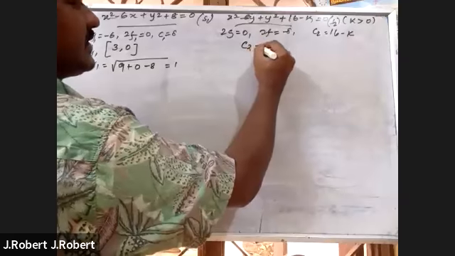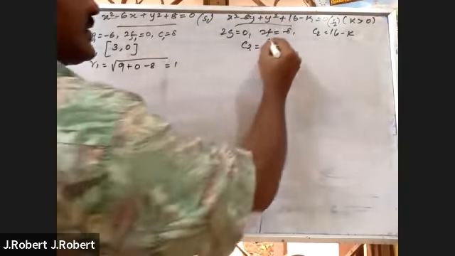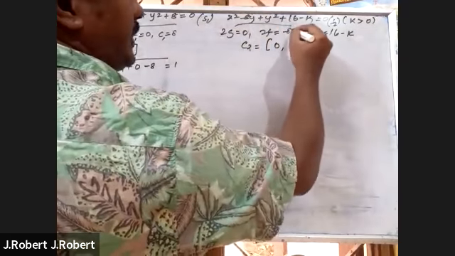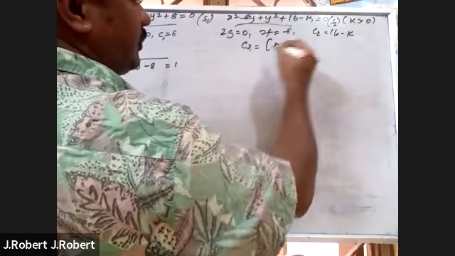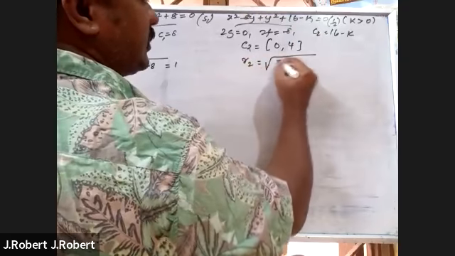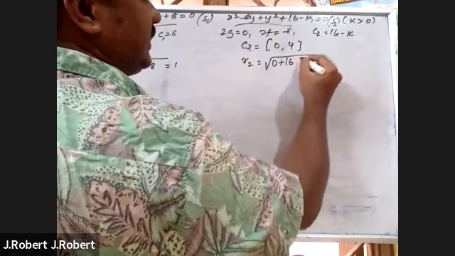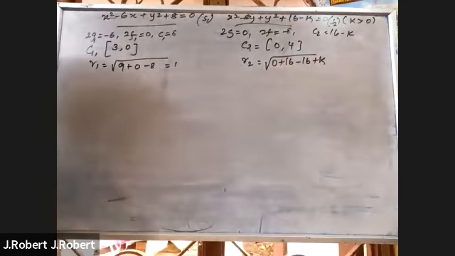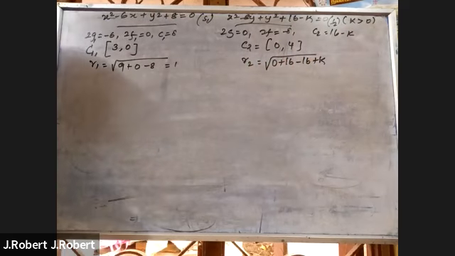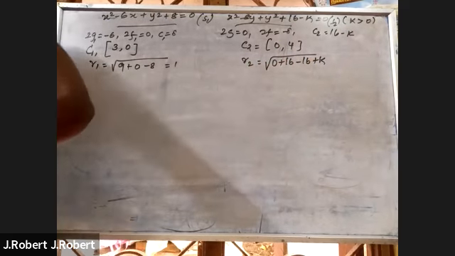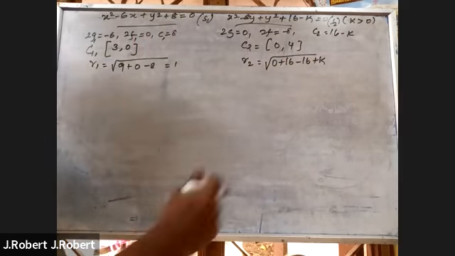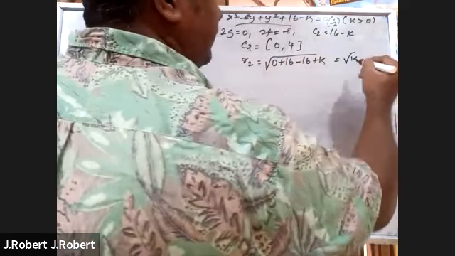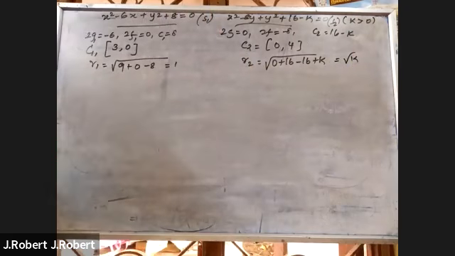Here C2 is 0 comma minus f, that is -4, so +4. And r2 is equals to square root of 0 square 0 plus 16 minus c, here it is -16 plus k, so that is plus k, which is equals to square root of k. Okay? So your r2 is equals to square root of k.